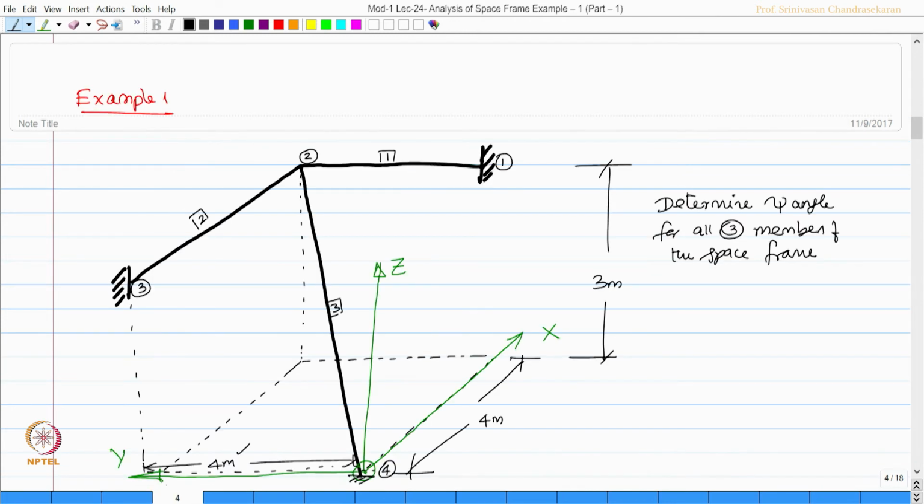Let us choose the local axis of this member like this. So, this is my xm, ym and zm.